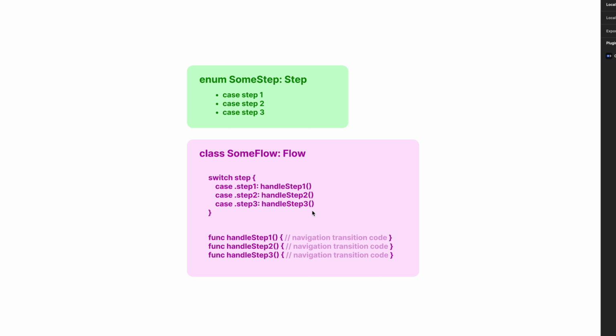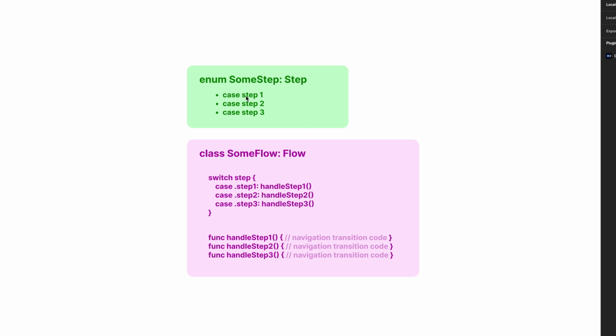Every flow object has to handle another special data type object, Step. Step is a custom enum type with a superclass Step, and the Step data type is another data type from the RxFlow library. It is just an enum data type where every case is a step.